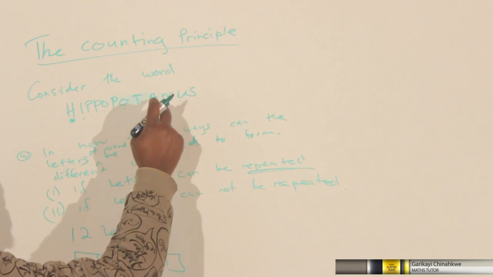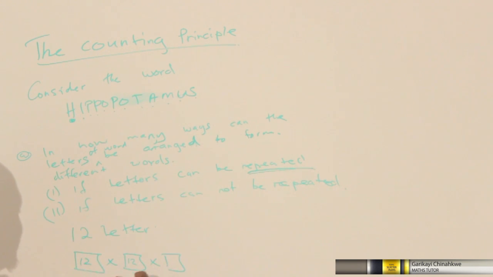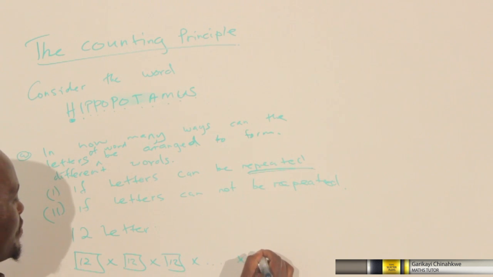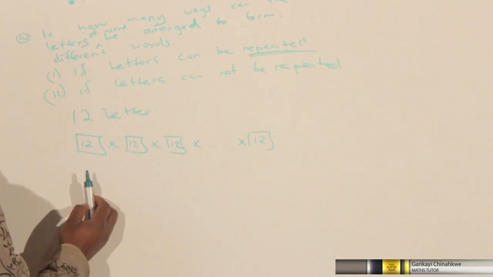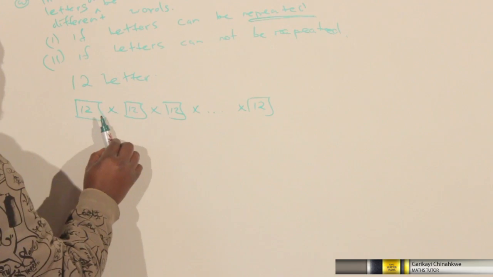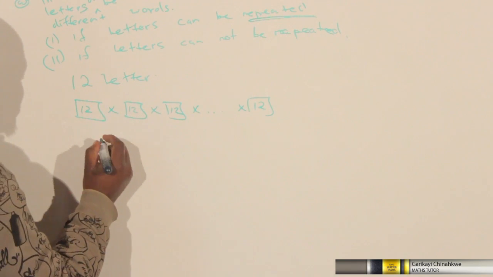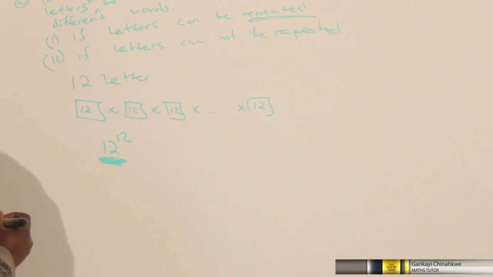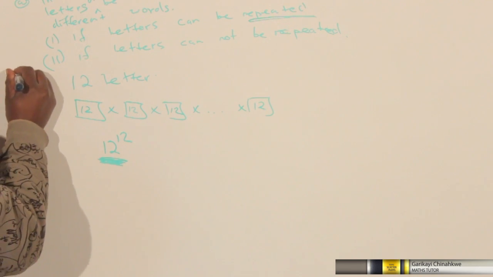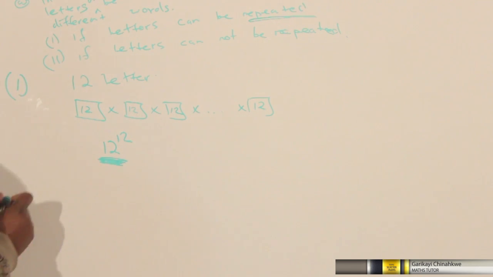How many letters do we have, and how many positions? There are 12 positions, so it's 12 times. In other words, it is 12 to the power of 12. That would be the answer for question A, for question 1.